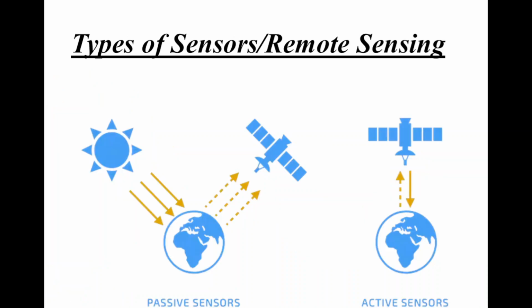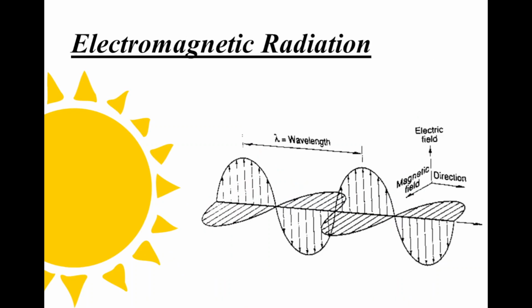Coming to the passive sensor, whatever we understand about the kind of energy that we receive from the sun will also be applicable to active sensors, wherein there is its own source of illumination. This electromagnetic radiation is what we receive from the sun. It has varying frequency and varying wavelength, right?